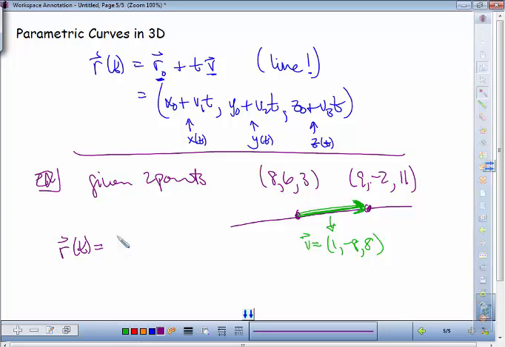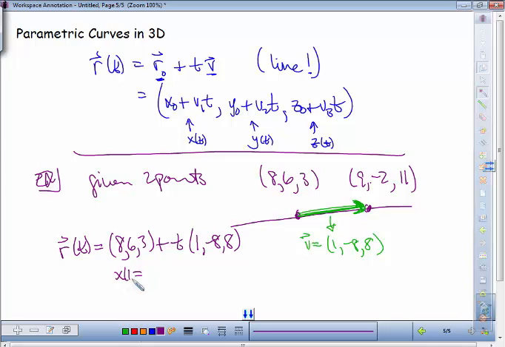So let's pick 8, 6, 3 plus t times 1, negative 8, 8. And then just to be flexible, I'll write it as x equals, y equals, z equals, so we can see it in parametric form.